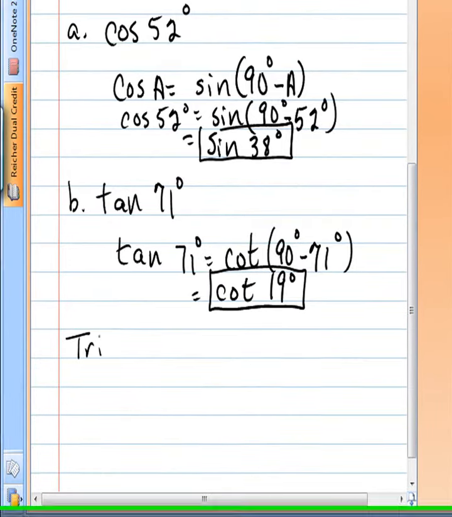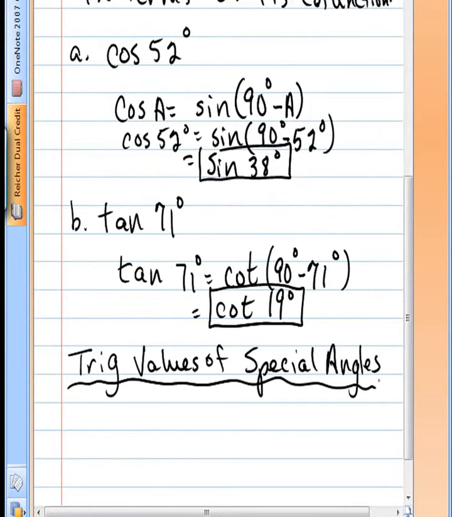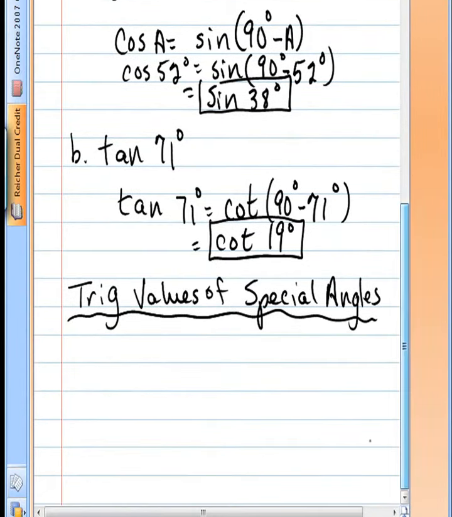Alright, we need to look at the trig values of some special angles, and you're aware of these because you've dealt with them in geometry. Well, let's go ahead and look at them here. These special angles are 30 degrees, 45 degrees, and 60 degrees.